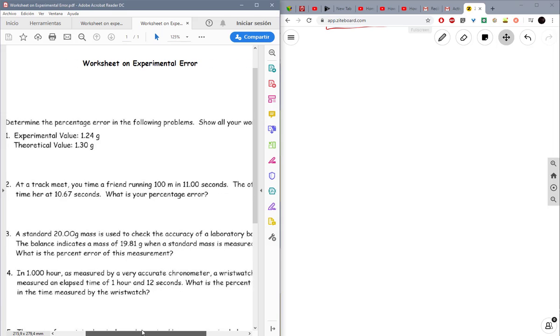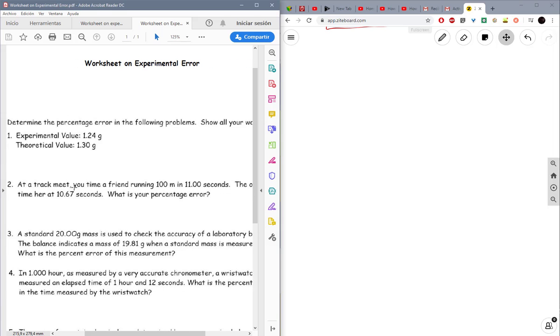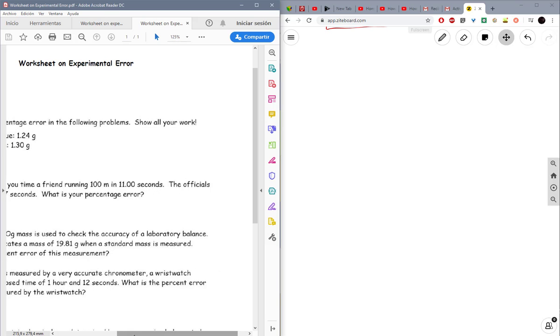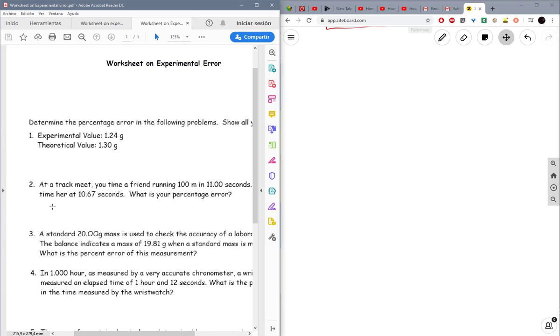Let's read it. At a track meet, you time a friend running 100 miles in 11 seconds. The officials time her at 10.67 seconds. What is your percentage error?